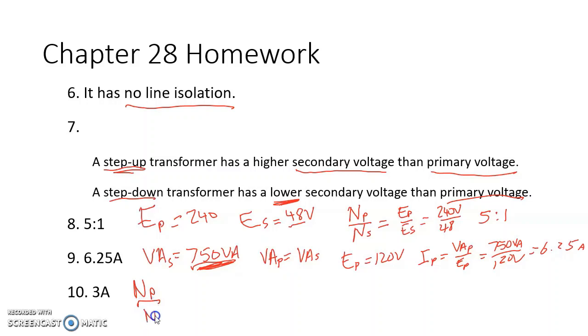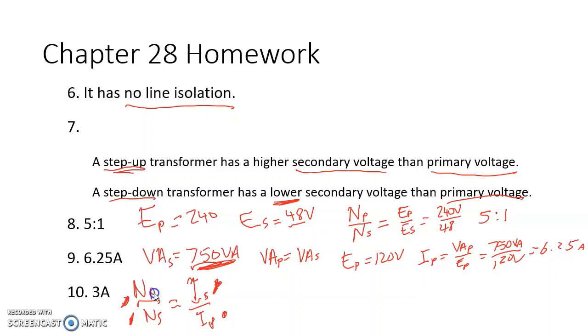The turns ratio, that's our 1 to 6, equals the number of turns on the primary divided by the number of turns on the secondary, which equals the current in the secondary divided by the current in the primary.